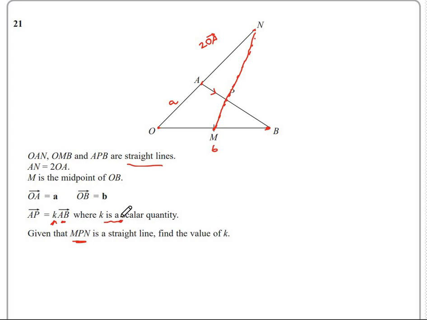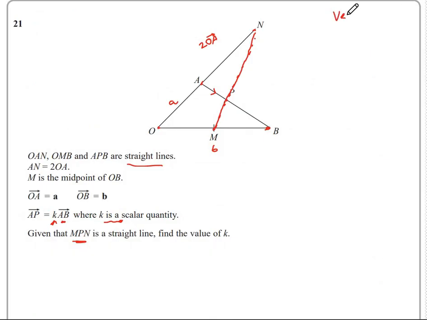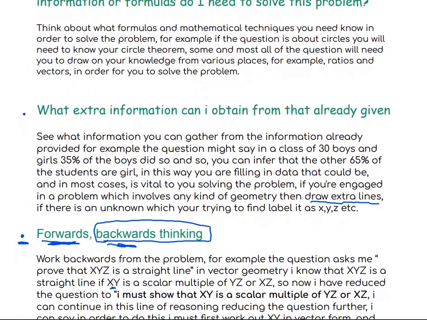Obviously this is a very difficult question. So let's refer back to our problem solving notes. We've read the question carefully. Ask yourself, what type of problem is this? It's a vector problem. What extra information can I obtain from that already given?